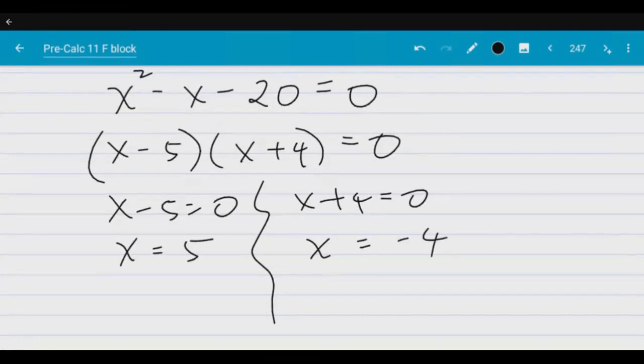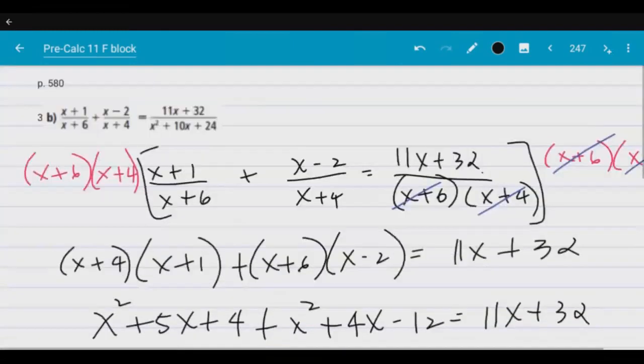Now, once again, we check if both work. So let's take a look. Remember, the two values are negative 4 and 5. Let's check the beginning. Can we have a negative 4? No, because this one would become a 0. So negative 4 doesn't work. Can we have a 5 if we plug it in here and here? That's okay.